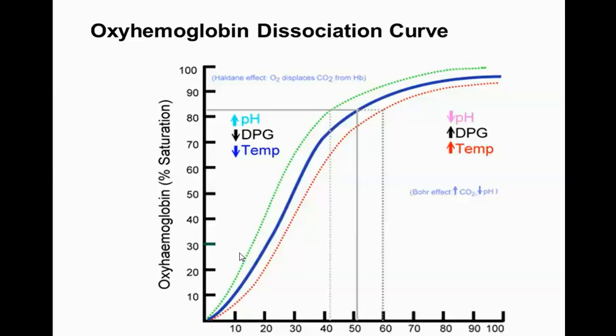Tell the adult. Yes, alpha or beta. And then, what's the difference between the fetal and the adult? Different chain, alpha or beta.